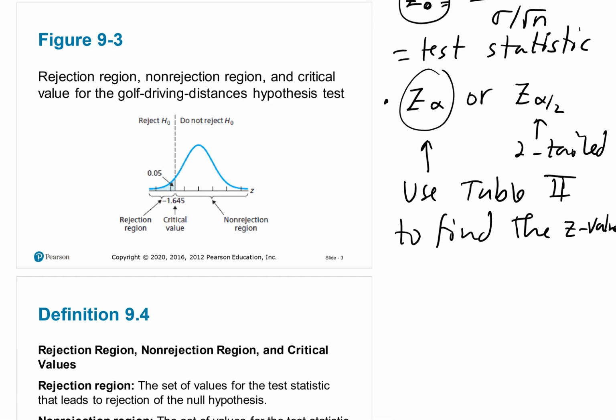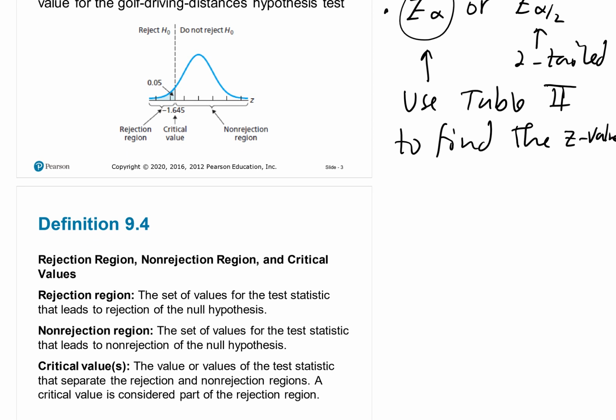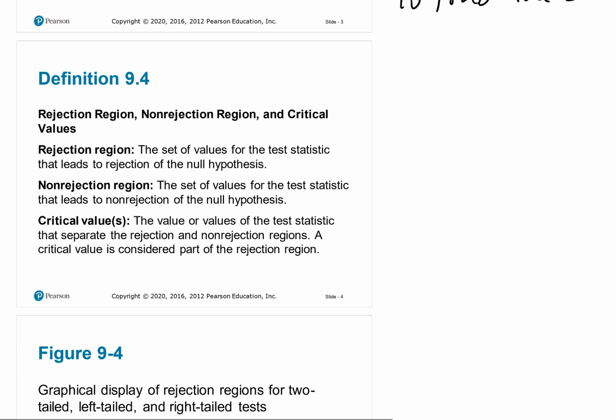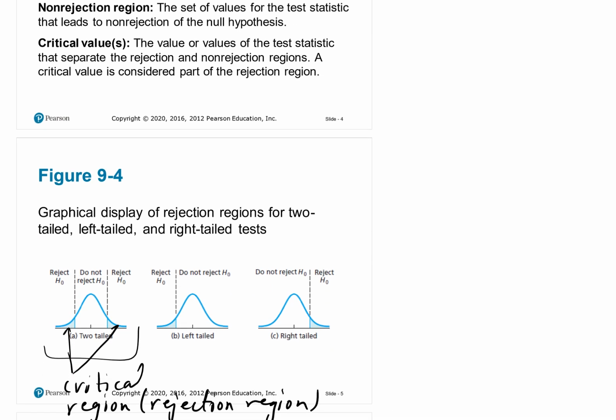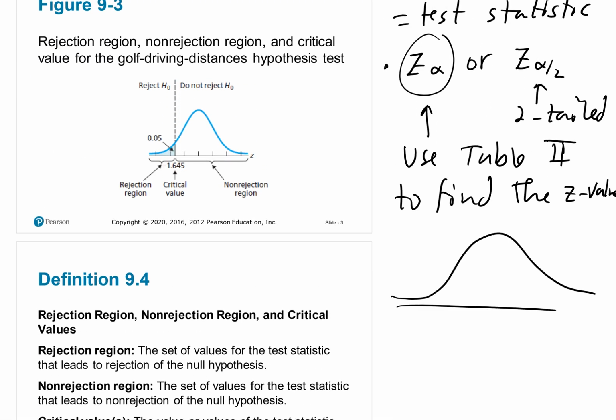So the way this works is we are going to place z sub alpha on these graphs, and maybe if I draw it from scratch, it's easier. So let's say we have the right-tailed test. So this is z sub alpha, and since it's a right-tailed test, that would be the rejection region.